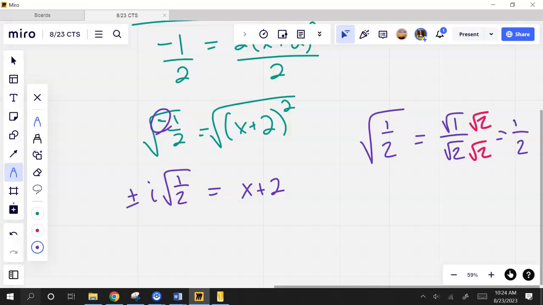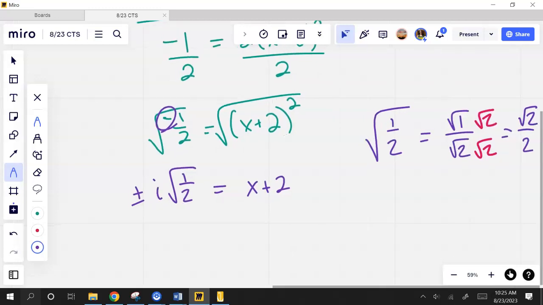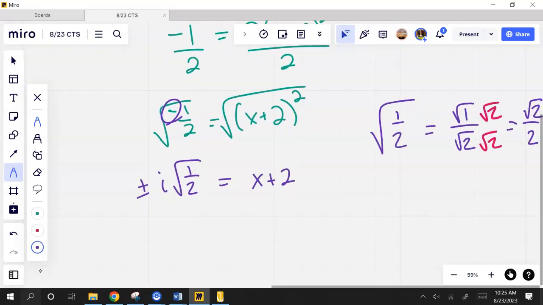What's the top? 2. 1 times 2, right? Right. So now I've got this i in front. This is plus or minus i times the square root of 2 over 2.